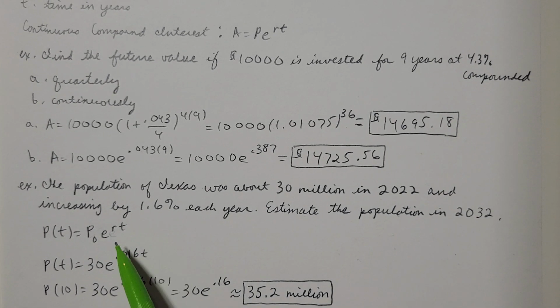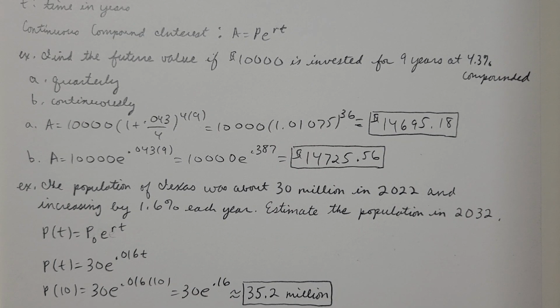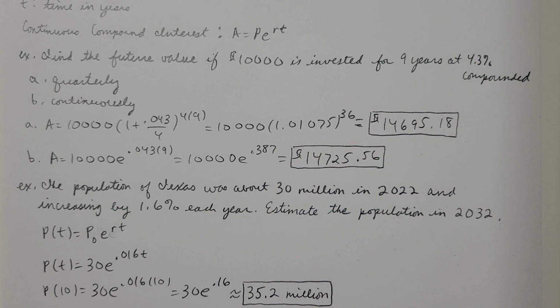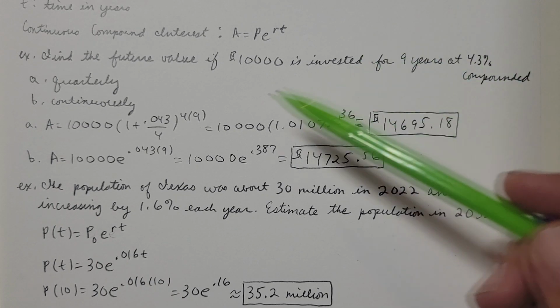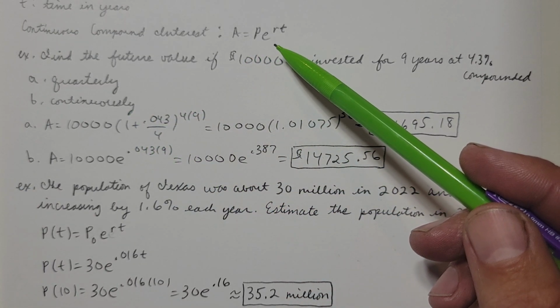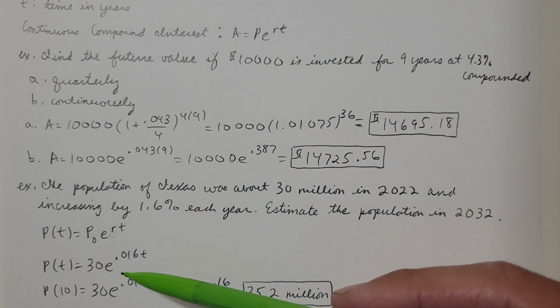The reason why I'm using this formula here is because the population of Texas is continuously changing, right? And it's increasing by about 1.6% per year. So because it's continuously changing, continuously, that's an on-purpose word, I want to use a formula that represents the PERT equation, okay?